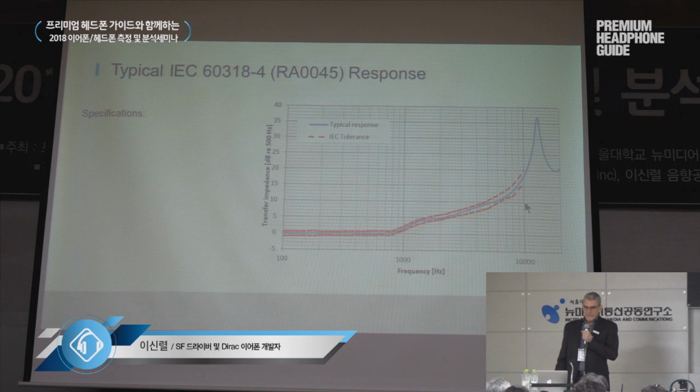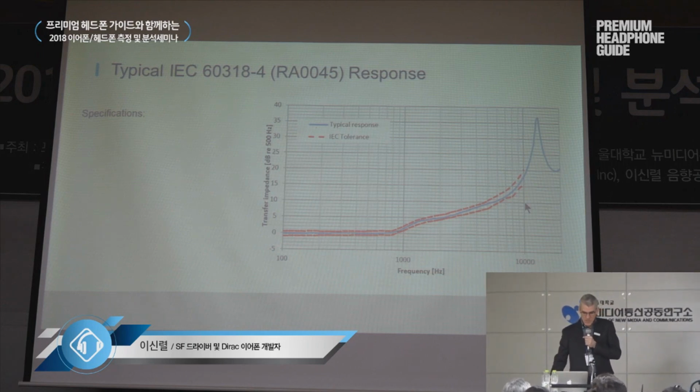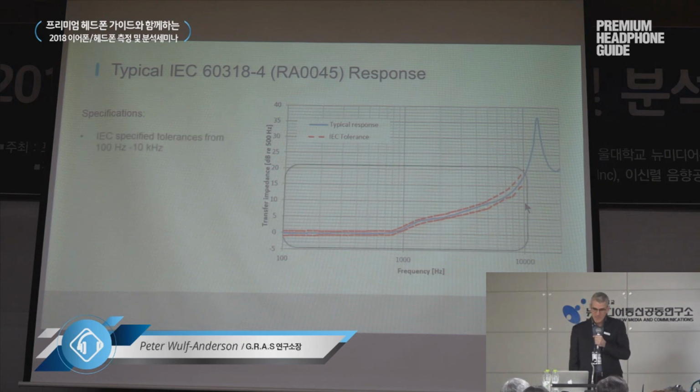So if we again just briefly sum up the specification according to the IEC standard, it specifies some narrow tolerances up to 10 kilohertz. We show that here by the red lines.